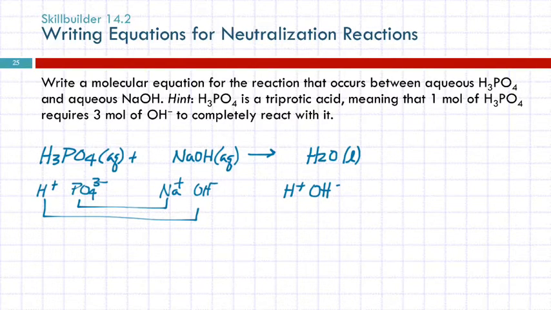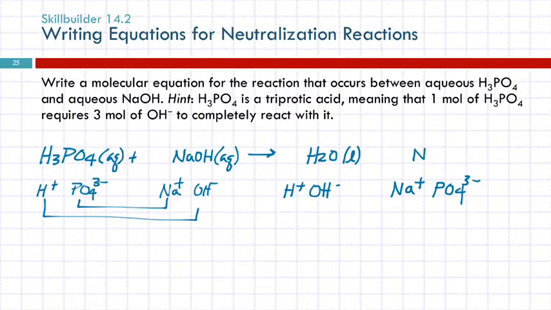The other product is going to be sodium ion and phosphate ion. You need the correct charges on these two so that you can get the formula correct. There's a -3 charge here and a +1 charge. So that tells us we need 3 sodium ions to balance the charge on the phosphate.